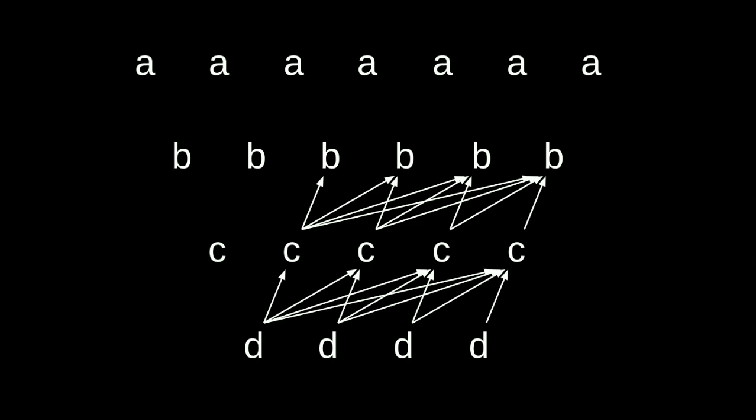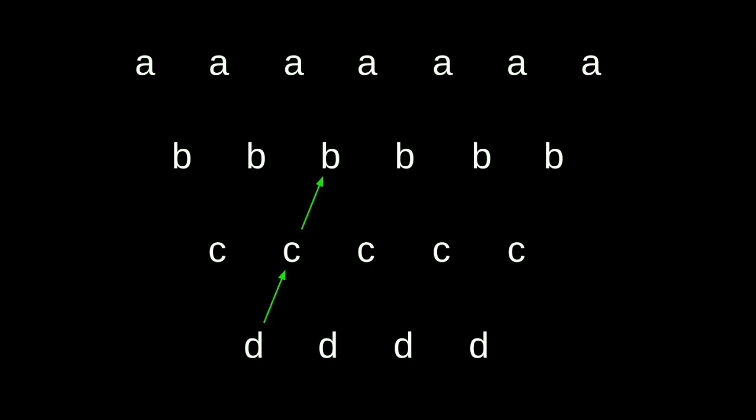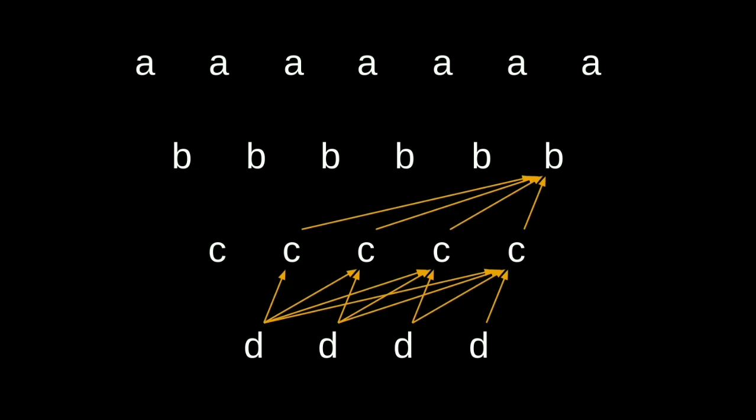For example, there's only one D term in the third B term, three D terms in the fourth B term, six D terms in the fifth B term, and 10 D terms in the sixth B term. If we were to find the sum of the B terms from the first term to the sixth term, the amount of D terms contained in that sum will be the sum of all the D terms we just got. That is 1 plus 3 plus 6 plus 10, which is equal to 20.